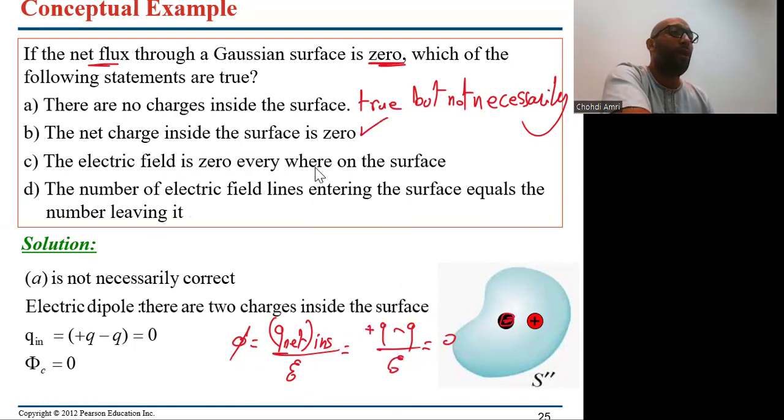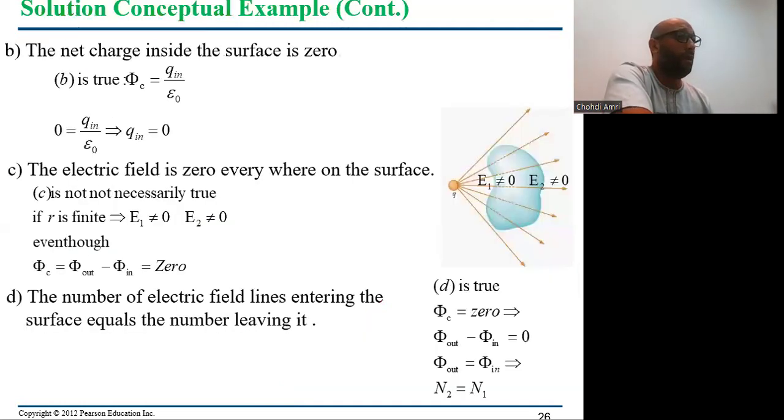The next statement: the electric field is zero everywhere on the surface. Who said that is not necessarily true.